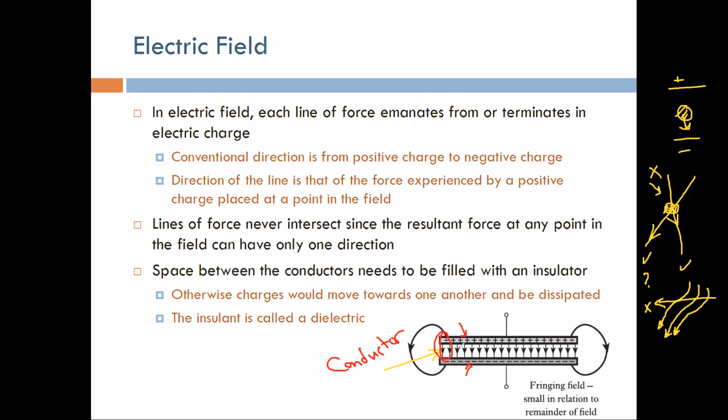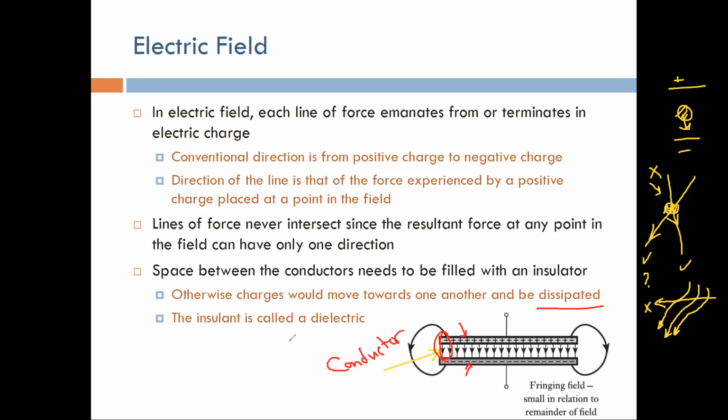Since they can move freely, they can move to each other because they will attract each other. Once they come together, they will just annihilate each other. The positive and negative charges will just be a neutral atom, not a positive charge or a negative charge. So basically, if we have a conductor here, the charges will be dissipated.